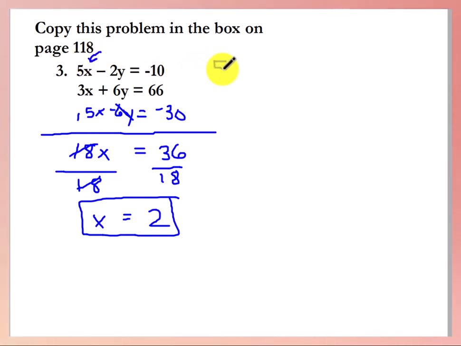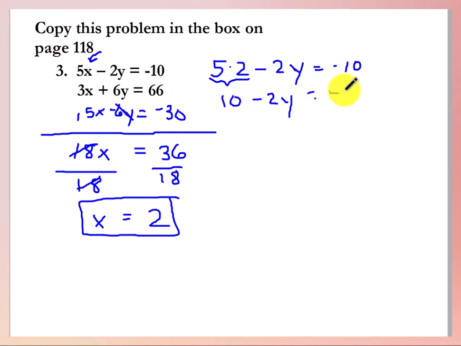So this will be 5 times 2 minus 2 times y equals negative 10. 5 times 2 is 10. 10 minus 2y equals negative 10. All right, subtract 10 from both sides.